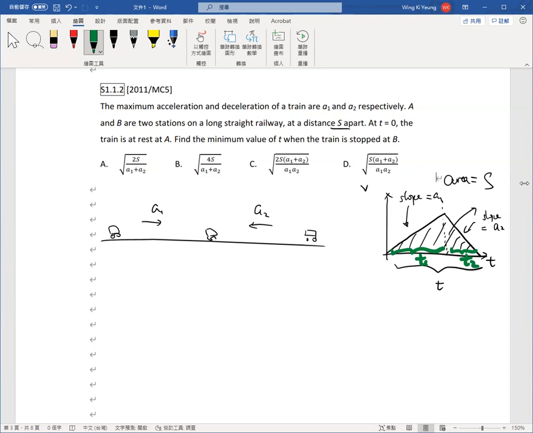You need to know the meaning of gradient and also the area. Then you can set up all the equations, relating all the quantities. That means S, A1, A2, T1, and T2. And then finally, what you need to do is to find the time T. So that is T1 plus T2, obviously.